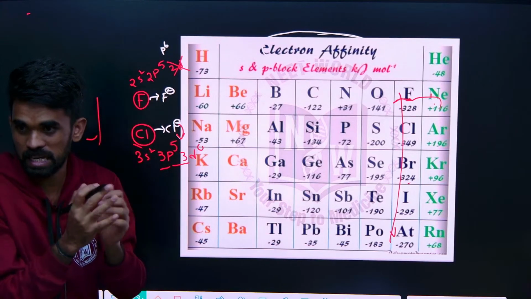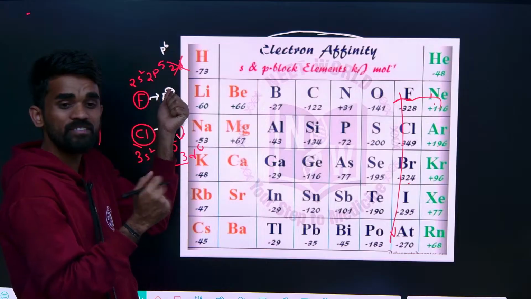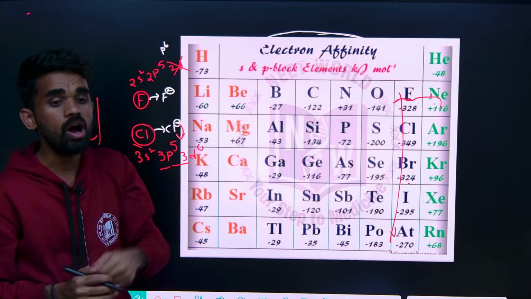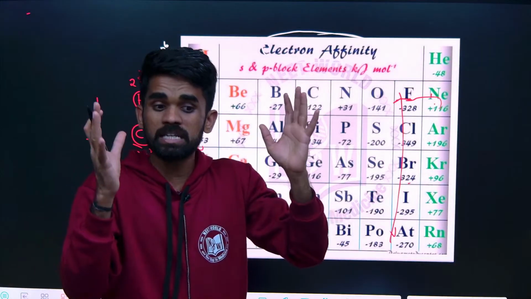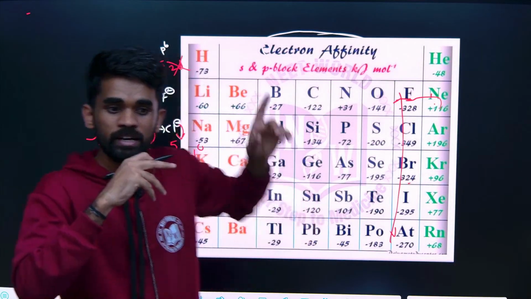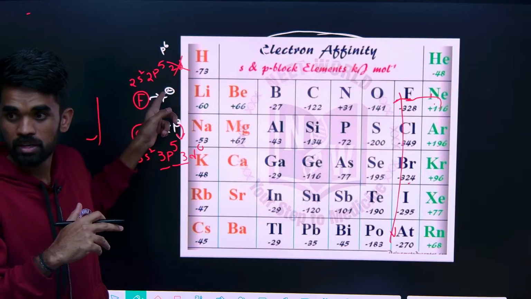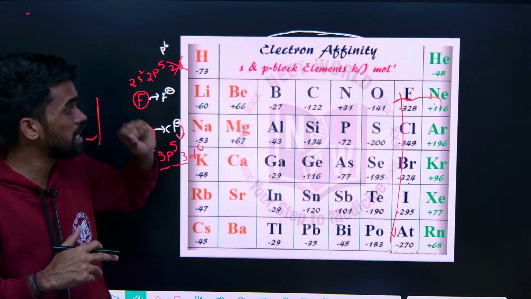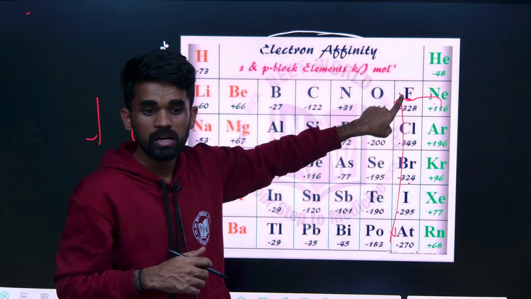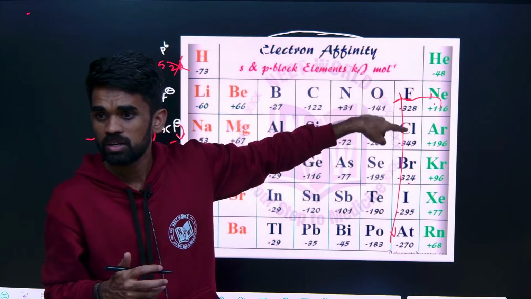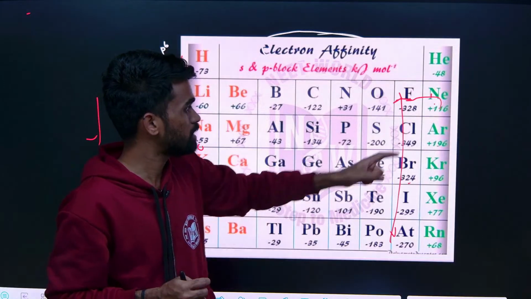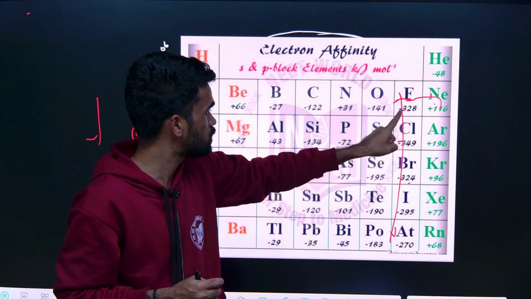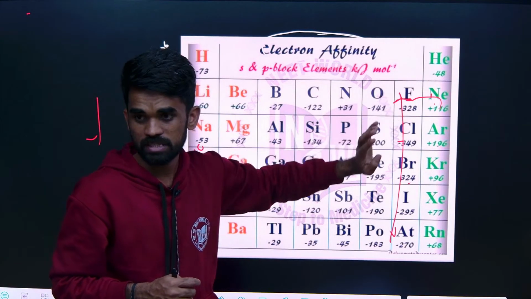But do we have that kind of space in fluorine? No. After accepting the electron, there will be repulsions between the electrons of fluorine. Due to that, fluorine has relatively less tendency than chlorine. Is that clear? Always remember, third period elements have more tendency than second period elements.